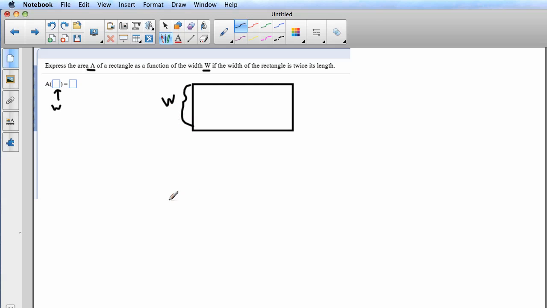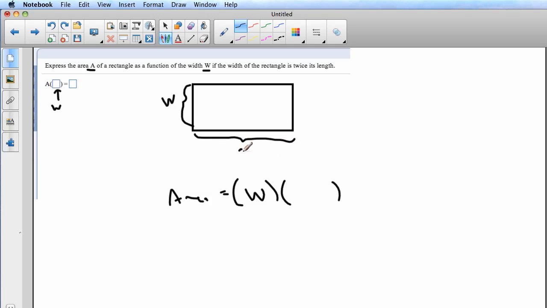Now, the area of a rectangle, of course, is length times width. So width times the length. But I don't have the length labeled. But having the picture here and knowing the formula that I need to use tells me that I have a very specific task.